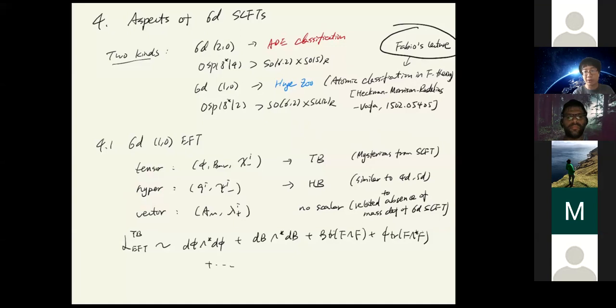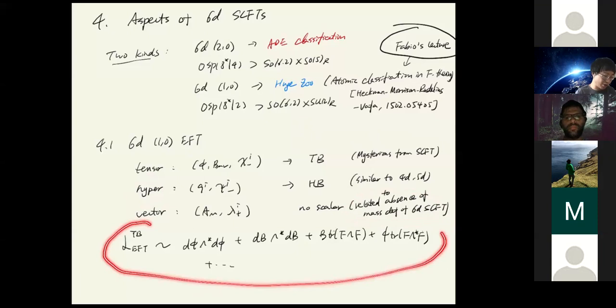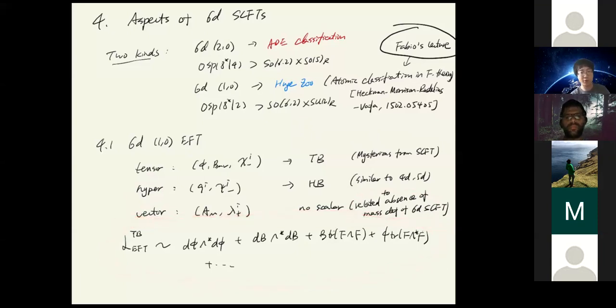So they don't give rise to some additional branch on your moduli space. And this is related to the absence of mass deformations in (1,0) theory, because mass deformation can be thought of as coupling to some background vector multiplet. And if your background vector multiplet has a bottom component that's a scalar, that could be the mass parameter, but not in 6D.